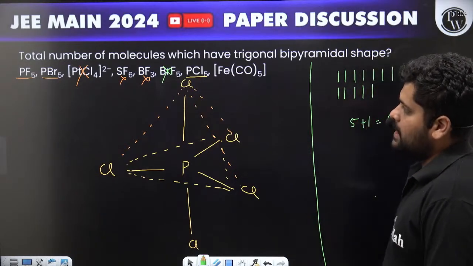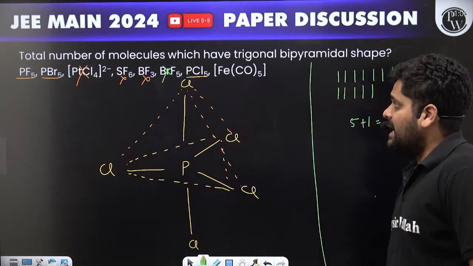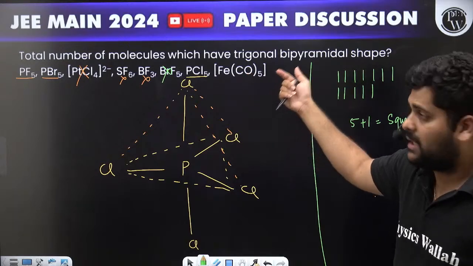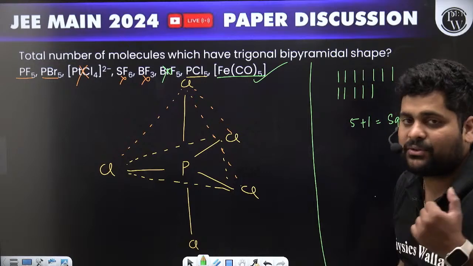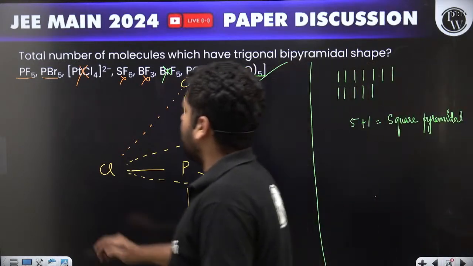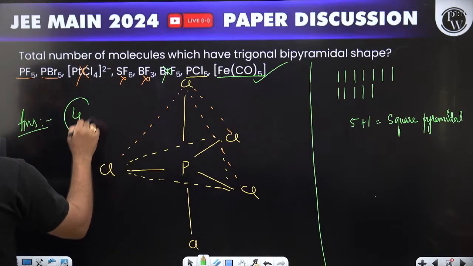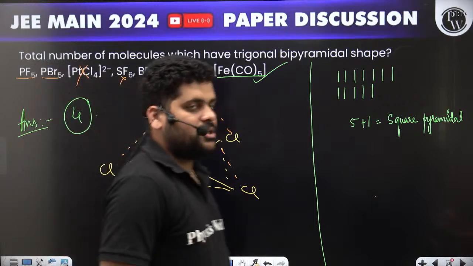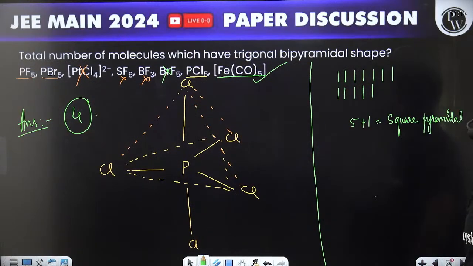So it is going to be PF5, PBr5, PCl5, and then in the case of metal carbonyl, Fe(CO)5 also comes under the examples of trigonal bipyramidal geometry. The correct answer for this question is going to be 4. The total number of molecules which have trigonal bipyramidal geometry is 4. Okay, right. Next one.